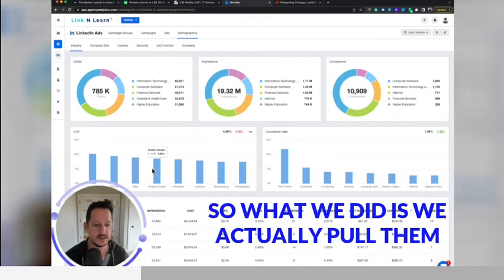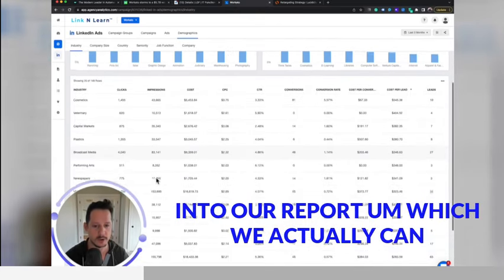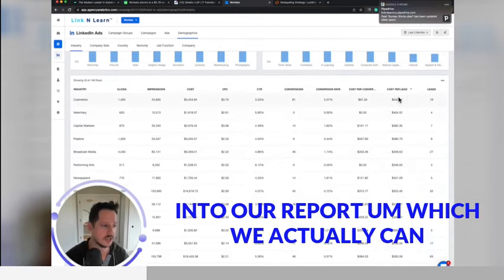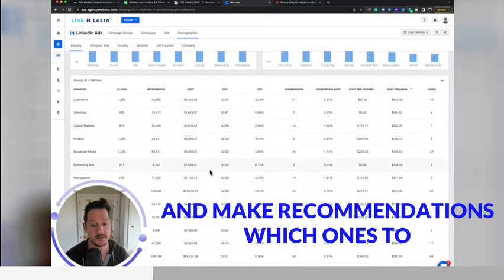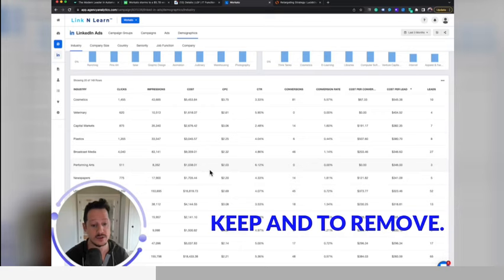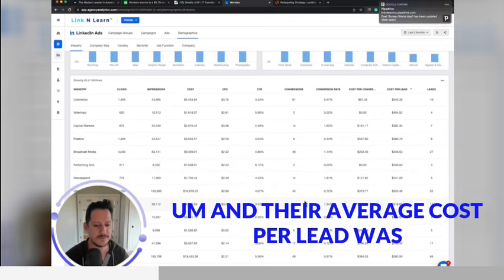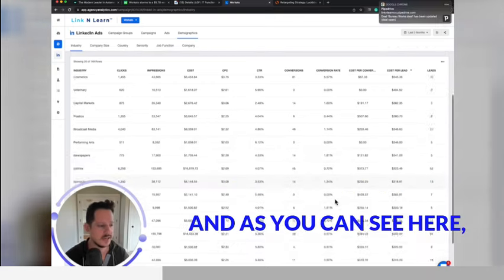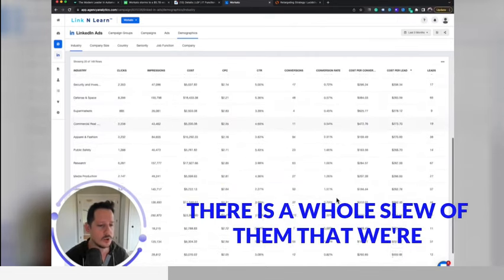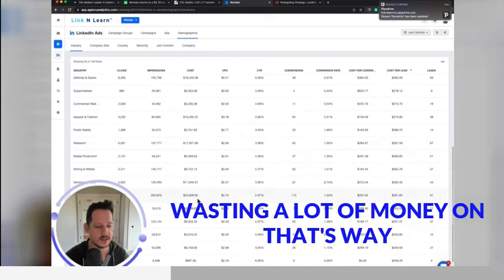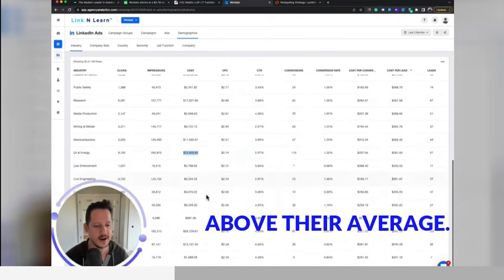So what we did is we pulled them into our report, where we can easily see their cost per lead by industry and make recommendations on which ones to keep and to remove. Their average cost per lead was about 200. And as you can see here, there is a whole slew of industries that we're wasting a lot of money on that's way above their average.